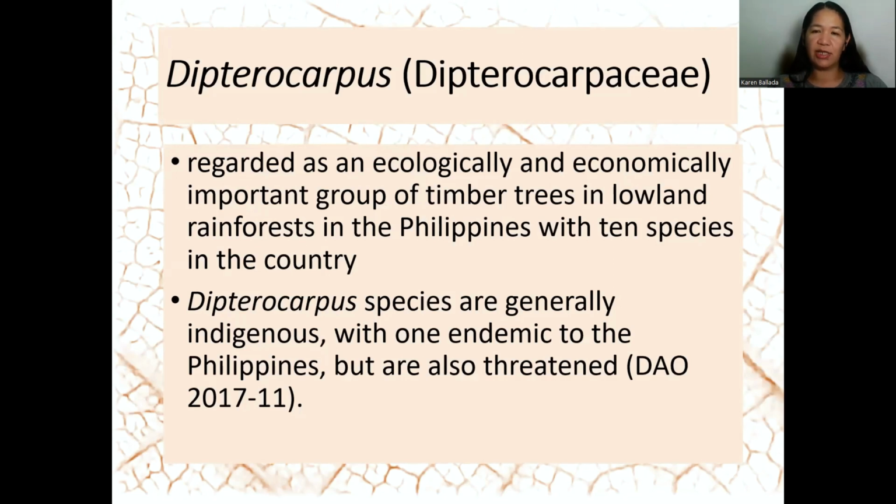You have here Dipterocarpus, the apitong, if you're familiar with the tree, and it's a very good timber tree. These Dipterocarpus species are generally indigenous with one endemic to the Philippines. Unfortunately, the majority of our Dipterocarpus species are already considered threatened under the DAO 2017.